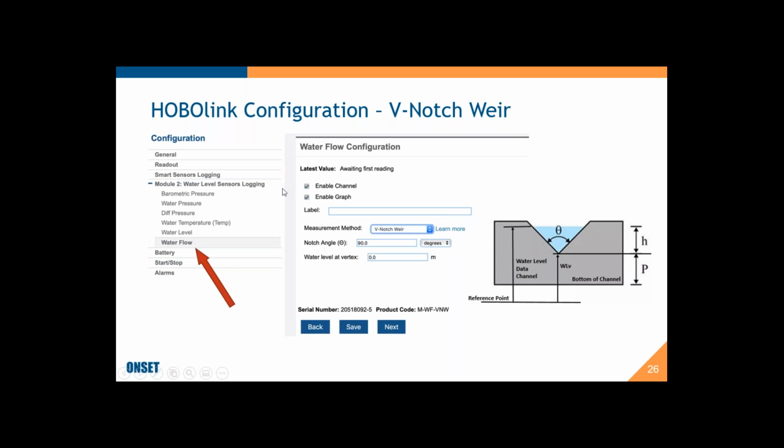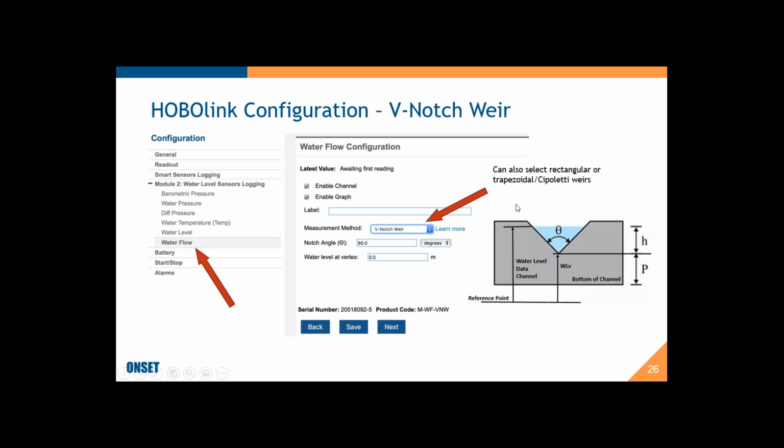Coming back to our software, to configure the water flow, you come down here so that the water flow selection is highlighted. You have to select your method.